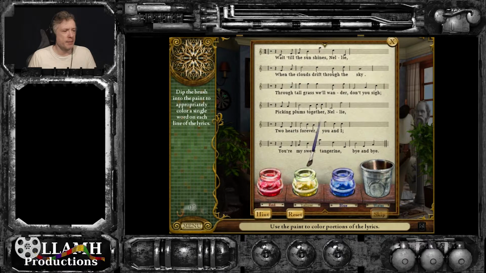Alright, dip the brush into the paint. Right. Sun. Sky. Oh, I guess I didn't need to clean it. Because... what? Oh. Grass.